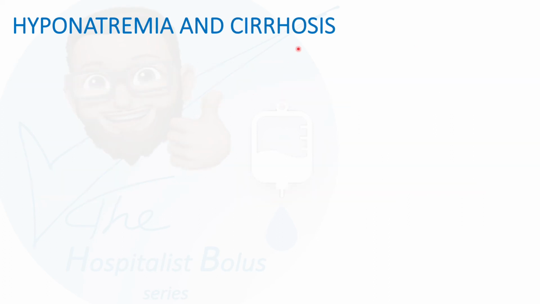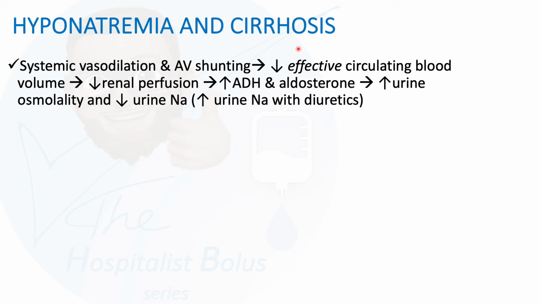When it comes to liver disease or cirrhosis, it's actually a very similar mechanism overall. So in cirrhosis, there's systemic vasodilation and arteriovenous shunting, which will also lead to this decreased effective circulating blood volume, decreased renal perfusion, and increased ADH and aldosterone as a compensatory mechanism.